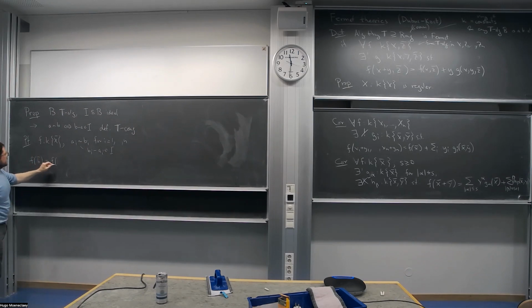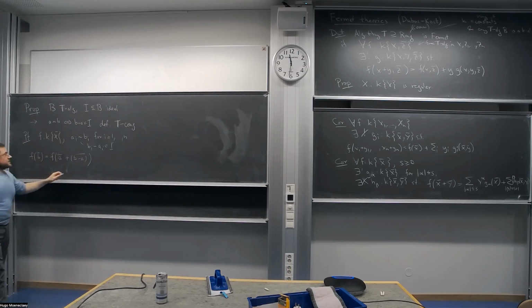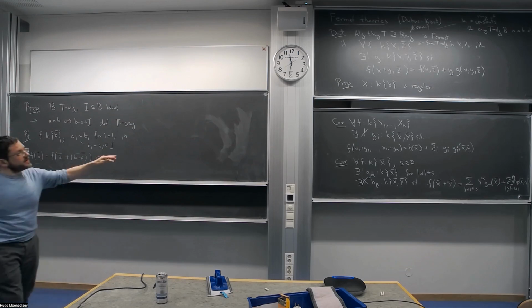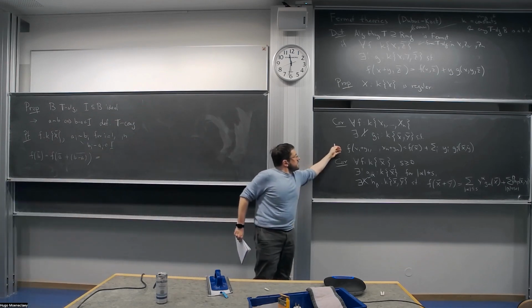is equal to f of the a's plus these differences. So we just use the first part of the second corollary, that is the first order part here.